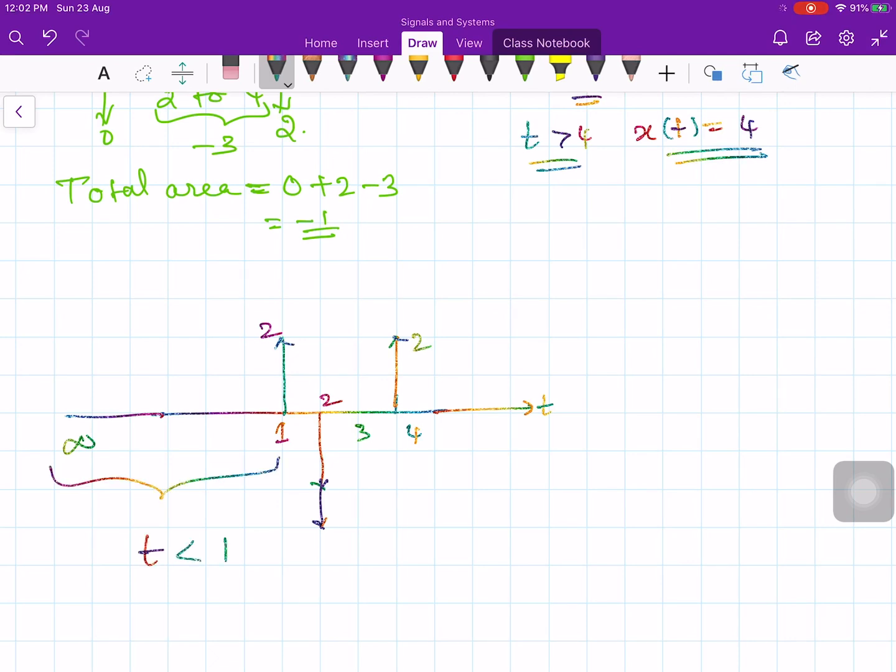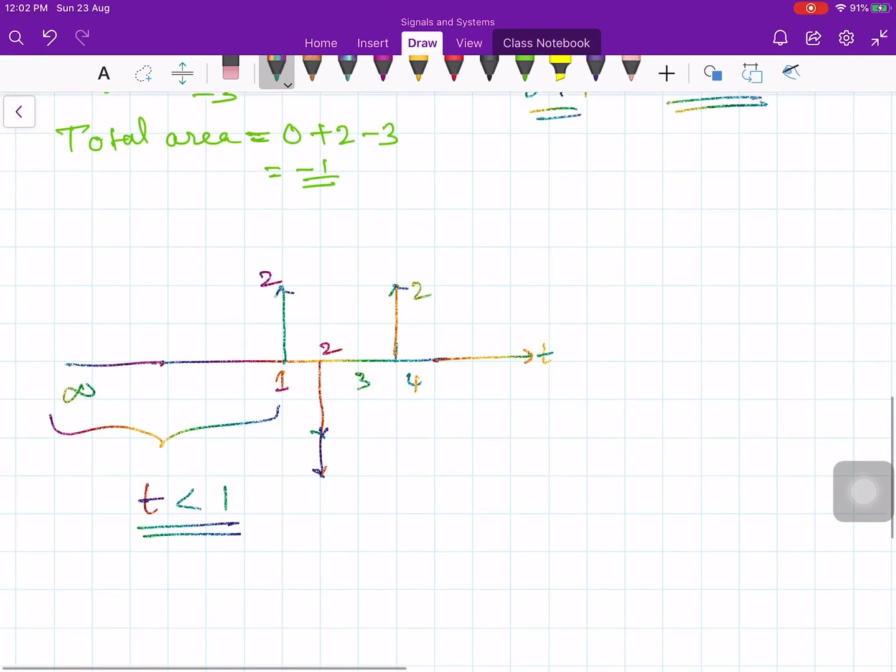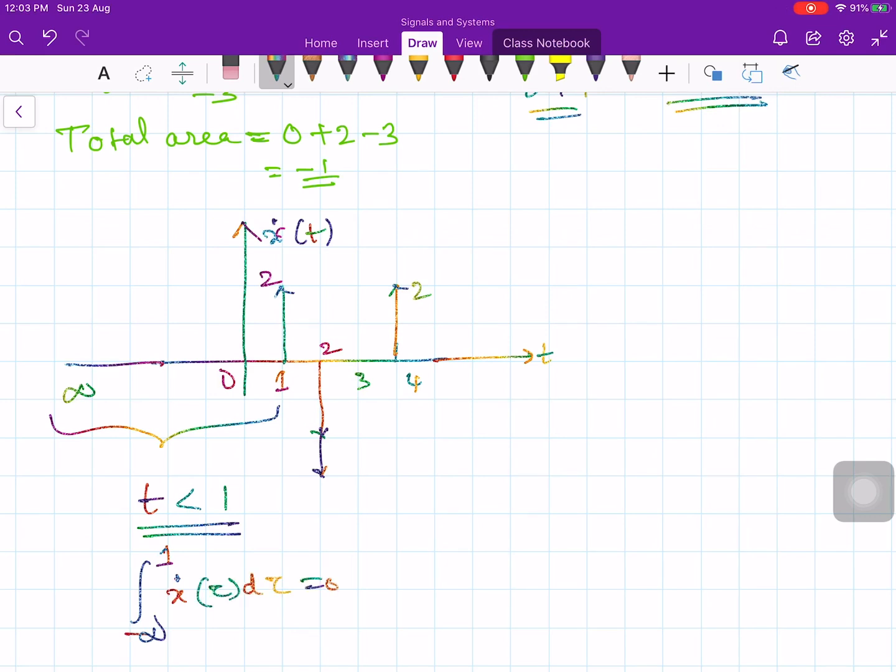Now what you do is you integrate. Consider the range when t is less than 1. This is your x dot of t, the derivative of x of t. In this region, minus infinity to 1, the integral of x dot of tau d tau is equal to 0, because the function is 0 up to here.